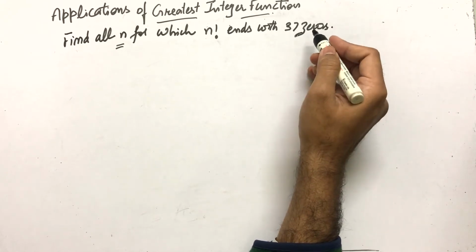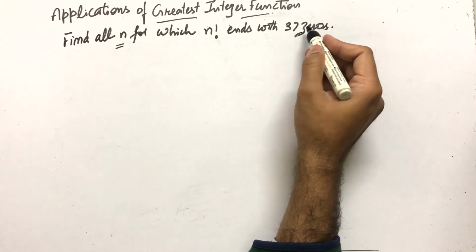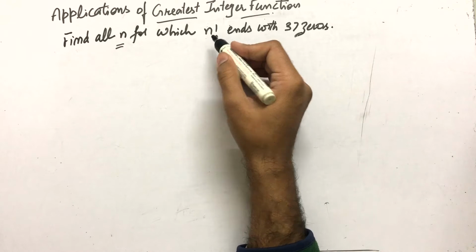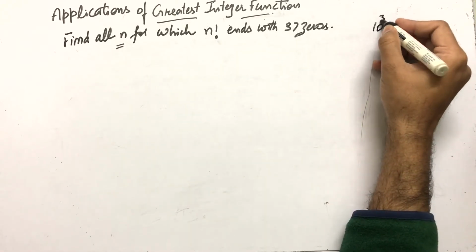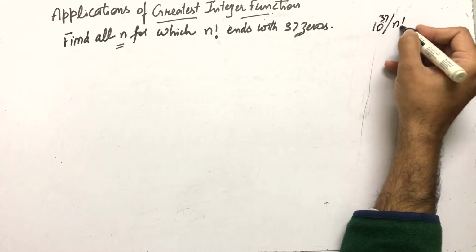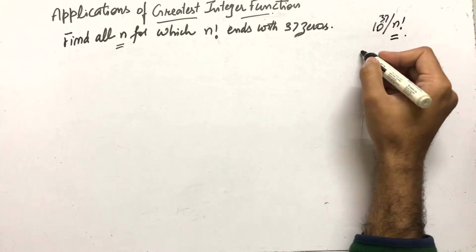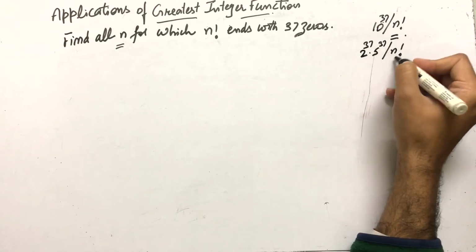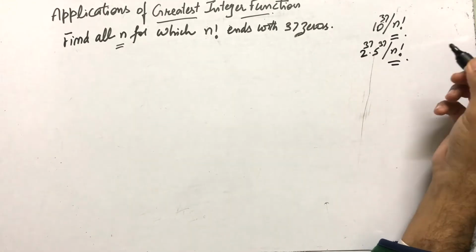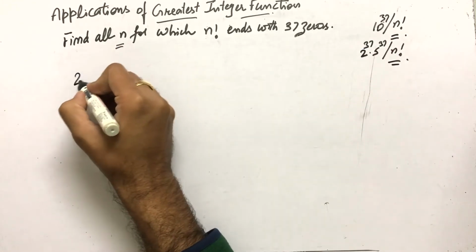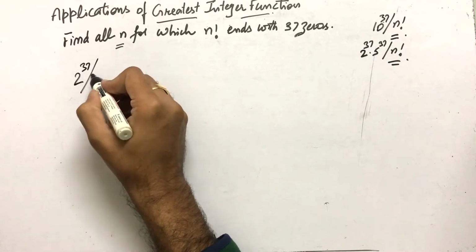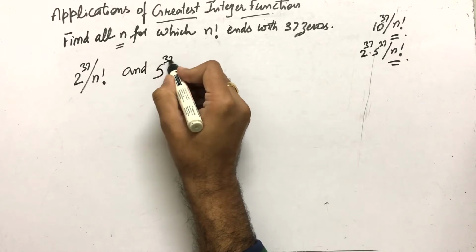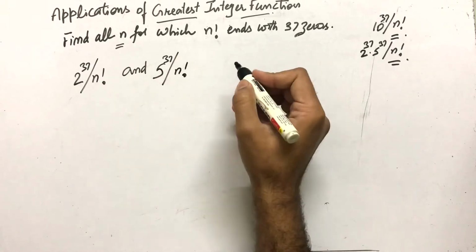So very easily we can get an idea that 10 power 37 will divide n factorial, if 2 power 37 into 5 power 37 divides n factorial. Which may further be written as 2 power 37 divides n factorial and 5 power 37 divides n factorial.